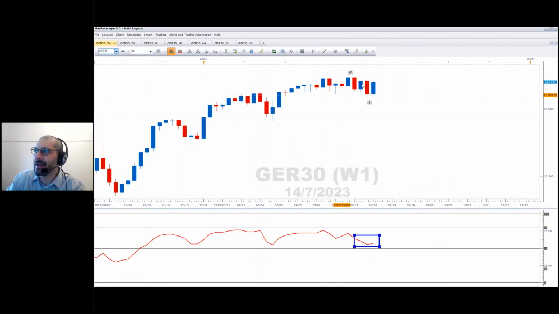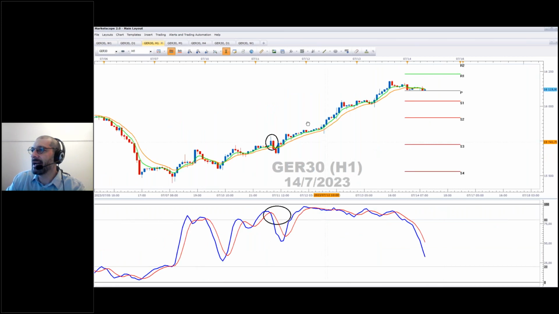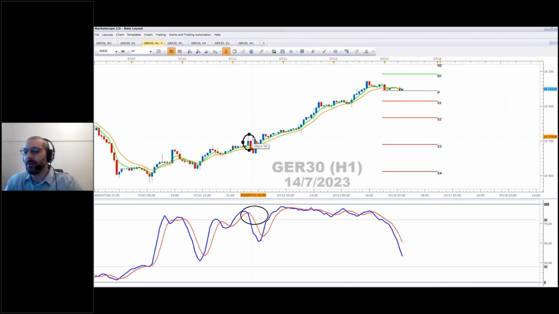I don't like the fact that we are in an inside period. I don't like the fact that we don't have peaks and troughs to work with, but perhaps we default through to the RSI, which is on the positive side of 50. And if that is the case, we can take a look for support.